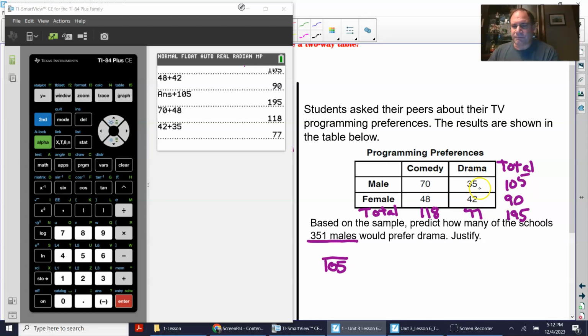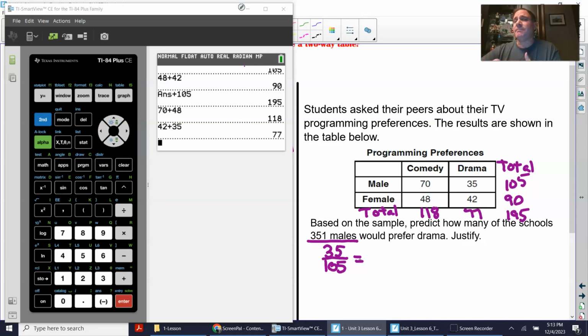How many of the males preferred drama out of that 105? 35. So the best way to do this is to set up a proportion, because they're saying that 351 males are in the school.